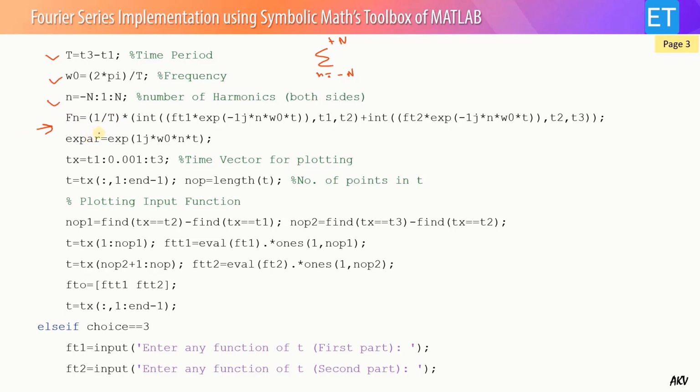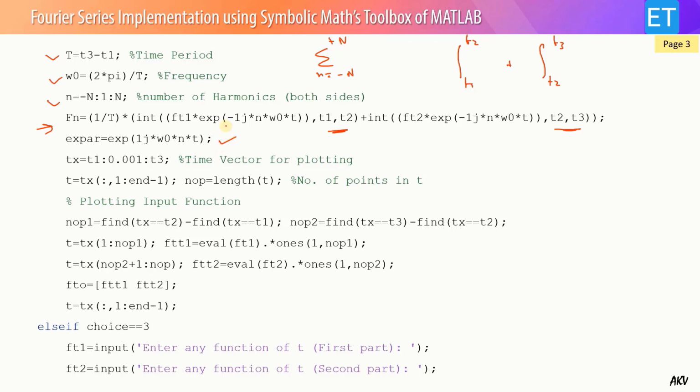Since your fn is in two pieces, that's why your integration is also in two pieces. So first integration is from t1 to t2, plus second integration is from t2 to t3. So you can see that first integration t1 to t2, and then second integration from t2 to t3. The same thing you can also append in your first program also, which I have suggested.